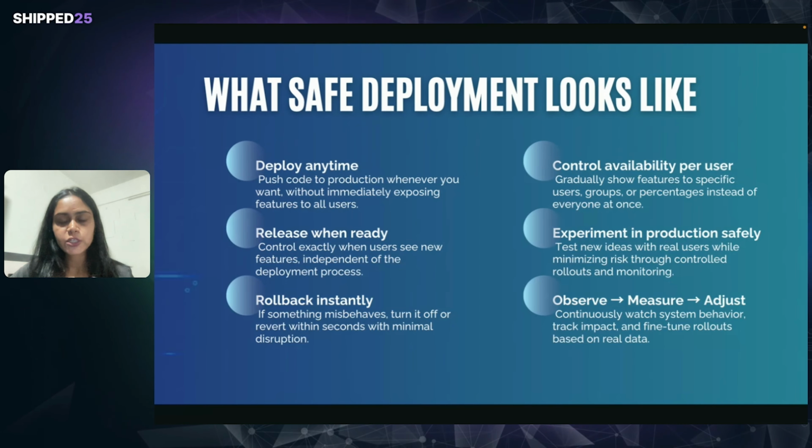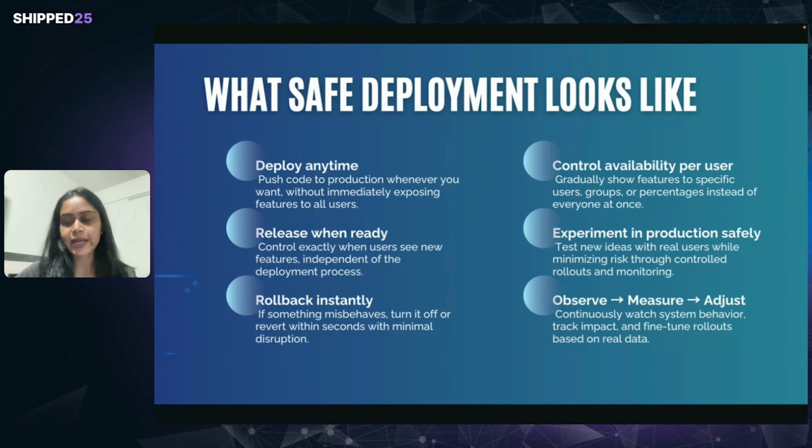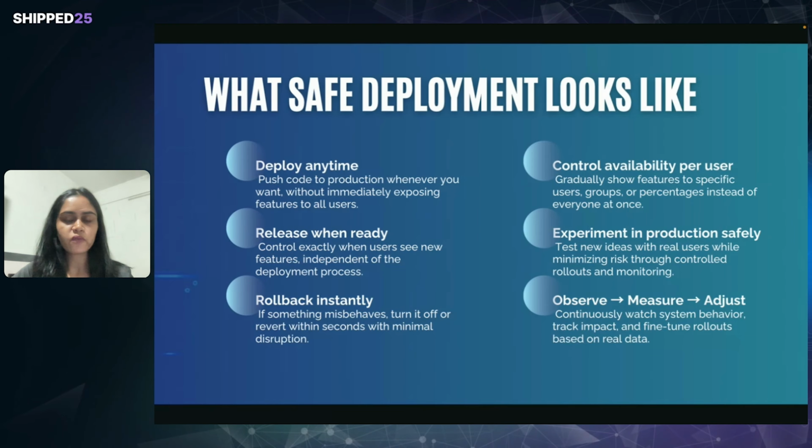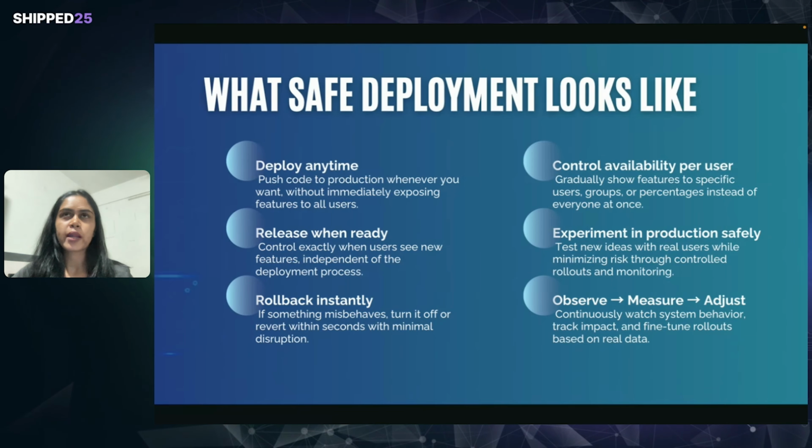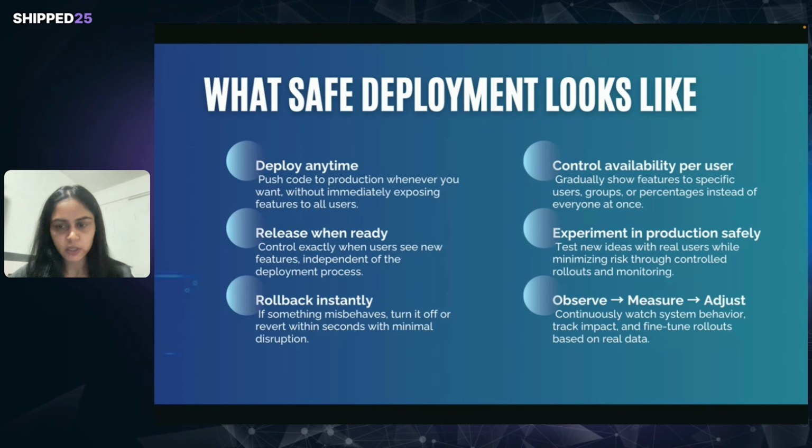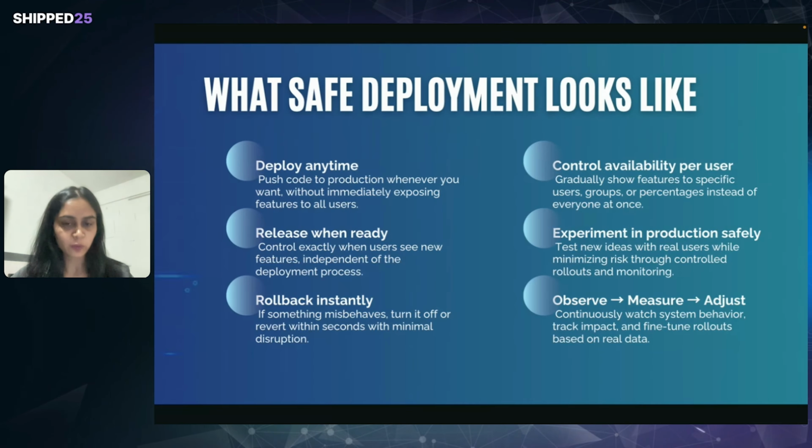You can test your backend performance, see how exactly your UI is flowing, and deal with some new logic. We are talking about real users, or the live traffic that you are facing, but you are doing all these things in a controlled exposure. That is how you should experiment safely in production.